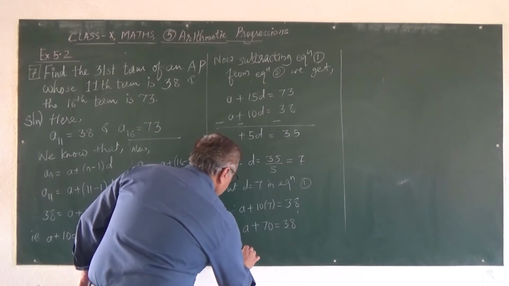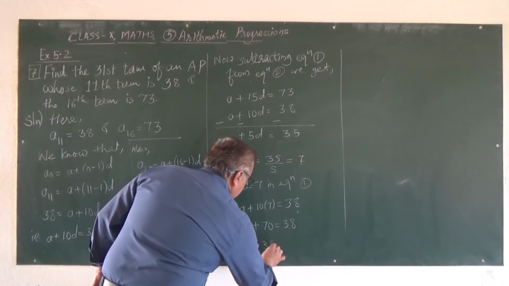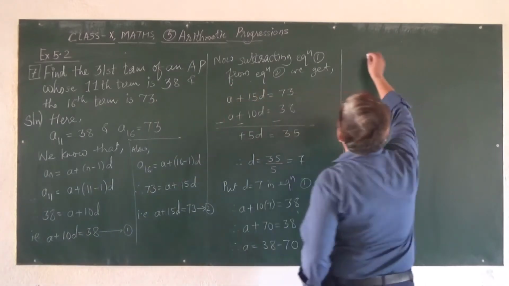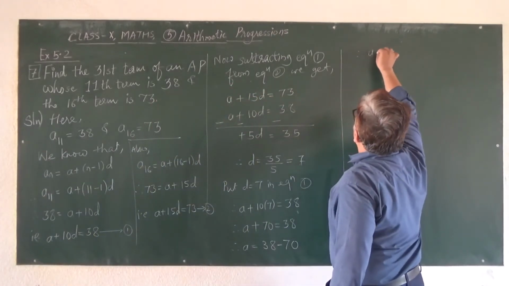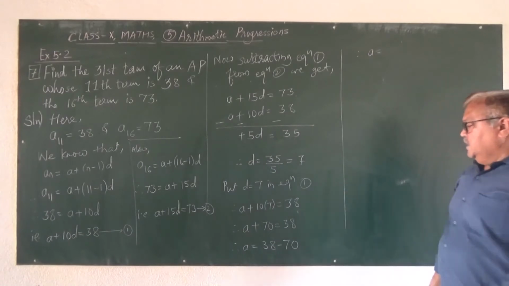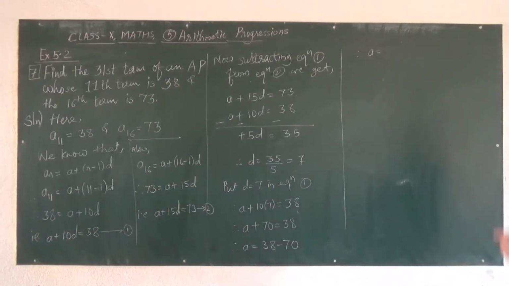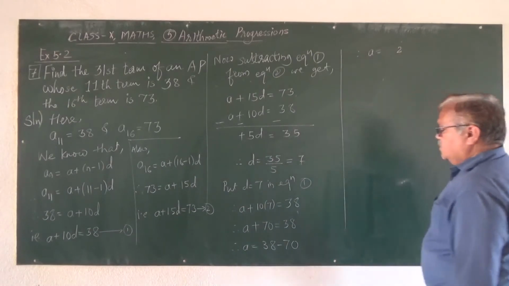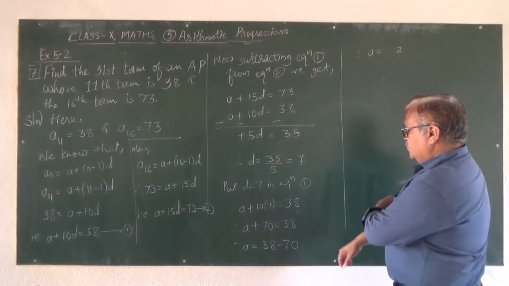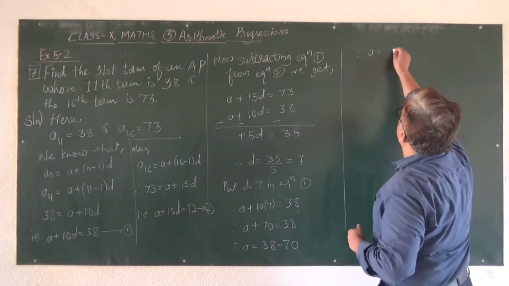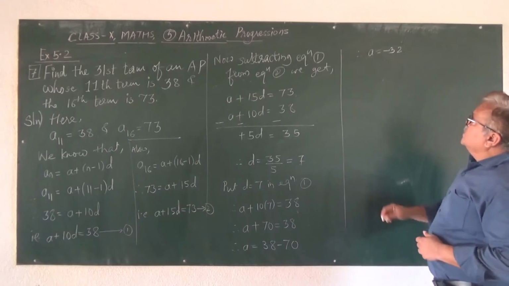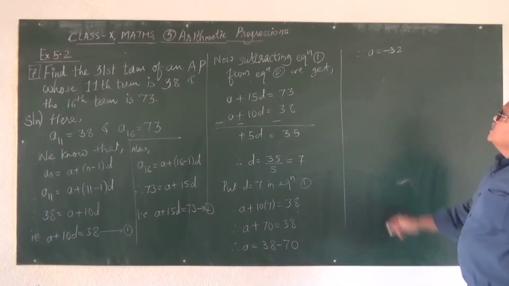Therefore a is equal to 38 minus 70. 70 minus 38 is 32. So minus 32. So you got a is equal to minus 32.